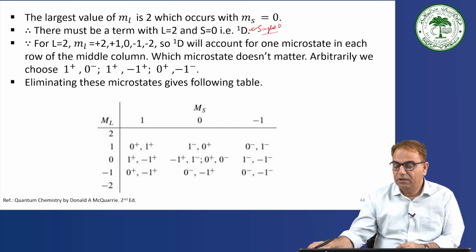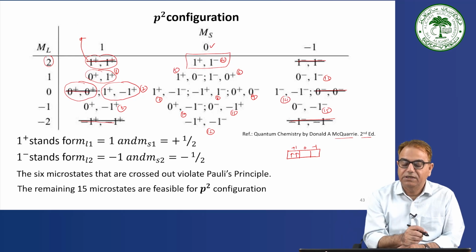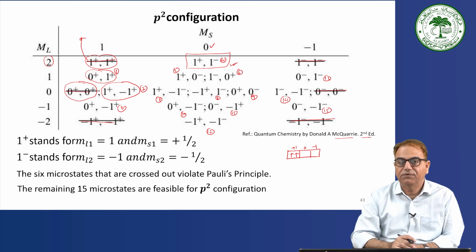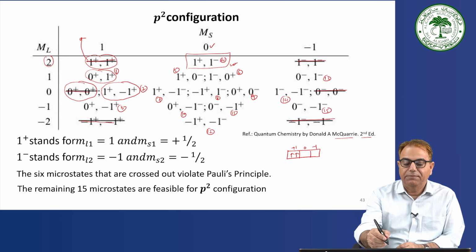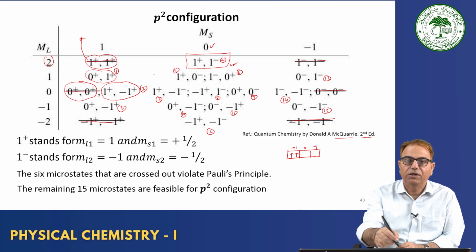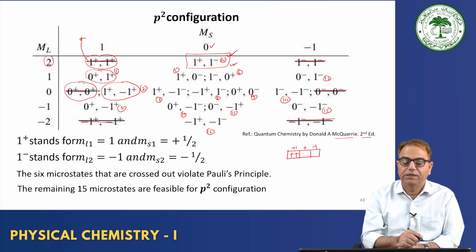Now, if 5 different states will account for singlet D, then this alone will not be sufficient. Because it's singlet, ms is equal to 0, so it has to be from the middle column only, 5 different states. So one of these 4 goes, no issue. From each row in the middle column, one will be assigned to the singlet D configuration.